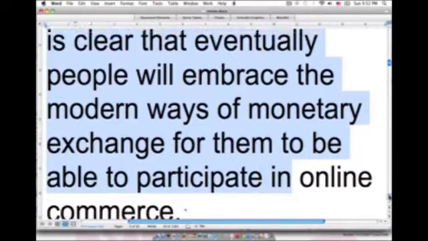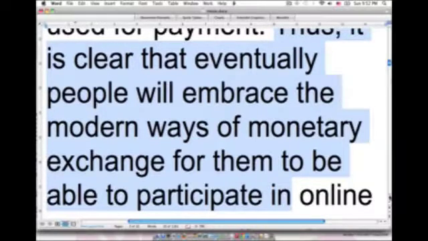This is a direct reference back to the thesis, which states that people will take on electronic forms of payment in place of physical money. Okay, so a direct reference back to the thesis.